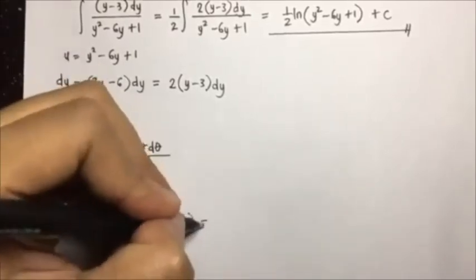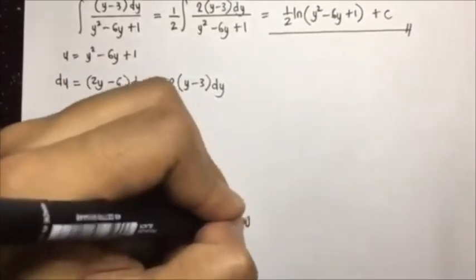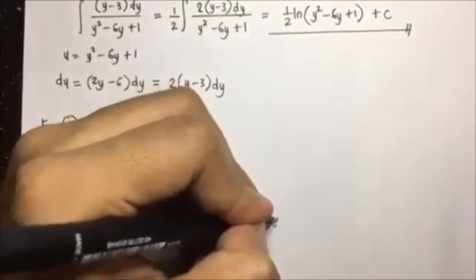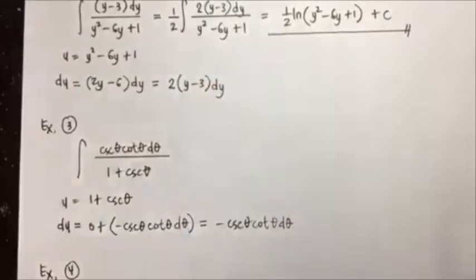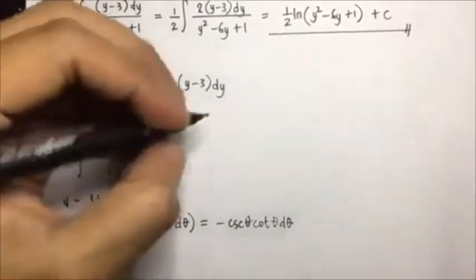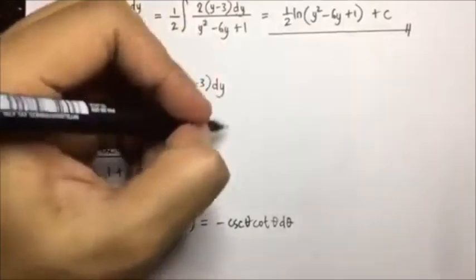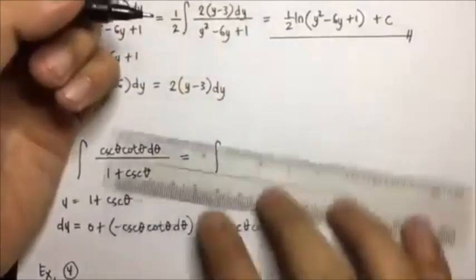So our du should be negative cosecant theta cotangent theta d theta. As we can see, our numerator is positive, so all we need to do is multiply it by negative 1.